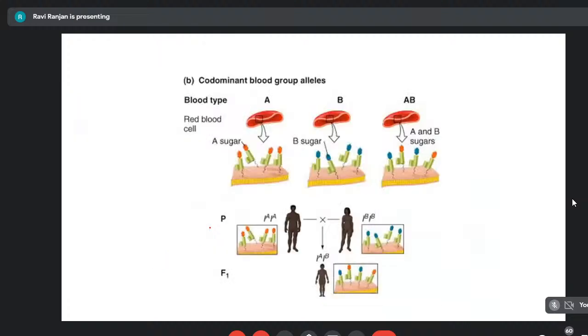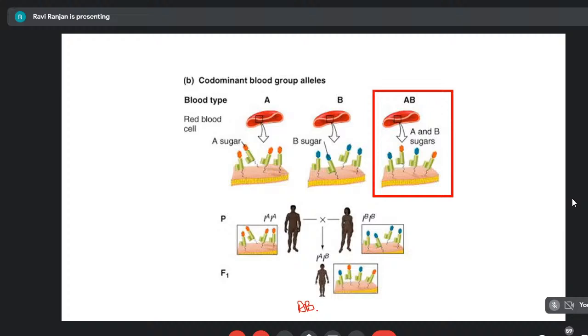So that's why if an A blood group male marries a B blood group female, and if they have an offspring, the offspring will have AB blood type. That is, they have complete expression of the mother's character as well as complete expression of the father's character in them.